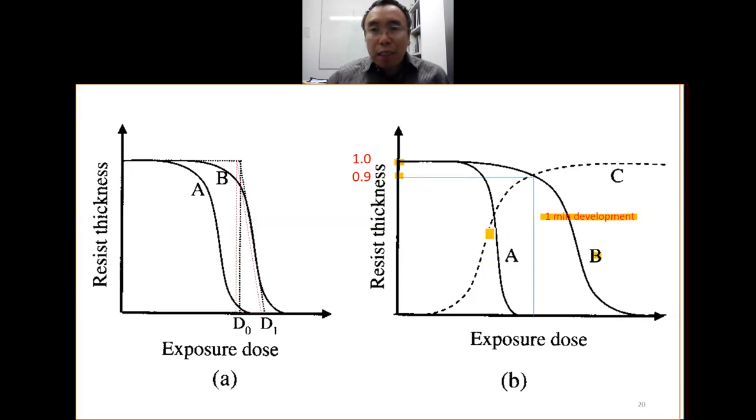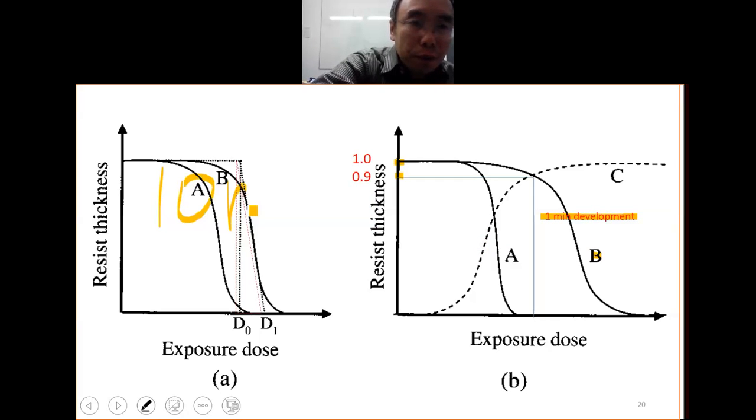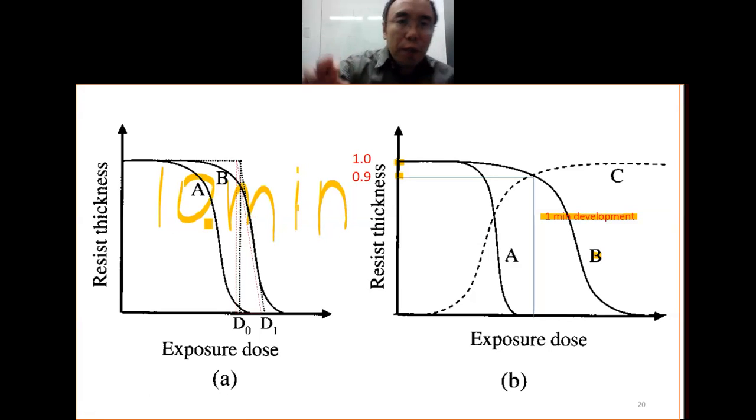As you can imagine, if we do 10 minutes of development, what will the contrast curve be? You look at, for example, this spot here.